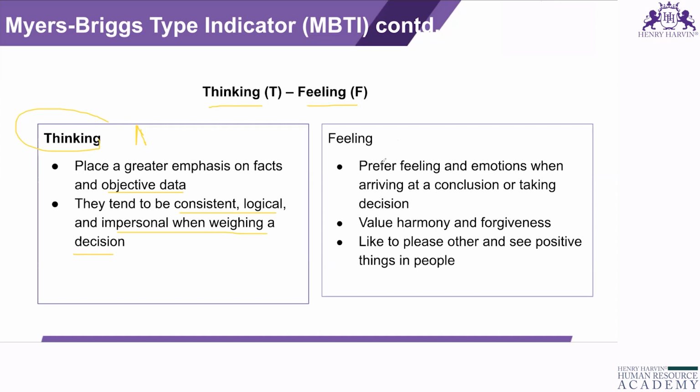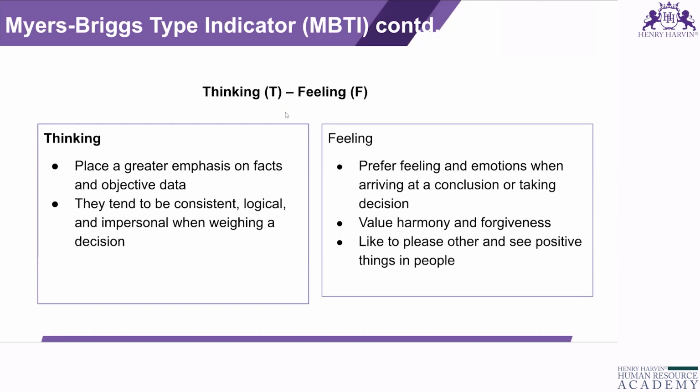Then feeling: they prefer feelings and emotions when arriving at a conclusion or taking a decision. जैसे हम कहते हैं कि दिल से सोचते हैं. They value harmony and forgiveness, like to please others and see positive things in people. So this is the third set, thinking and feeling.